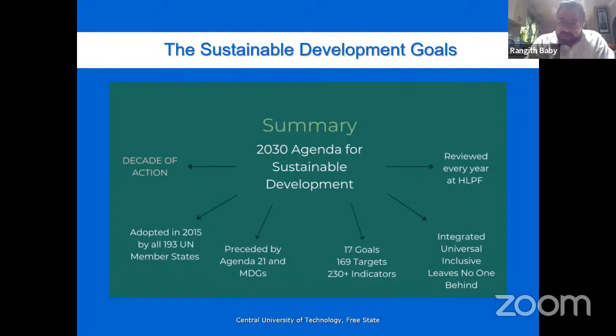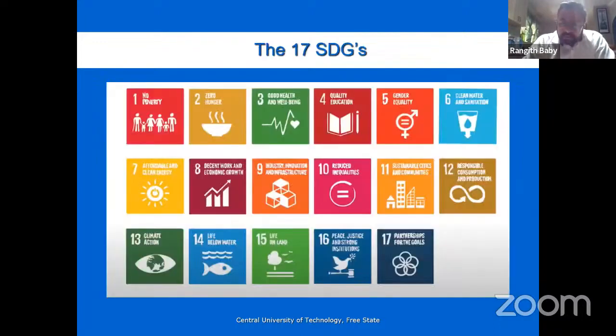So like I mentioned, the idea is to have an integrated and universal inclusive platform which leaves no one behind. Based on that, we have 17 SDGs. You can see on the screen here that they start from SDG goal number 1, which is to avoid poverty, going all the way up to SDG number 17, which is partnership for the goals.